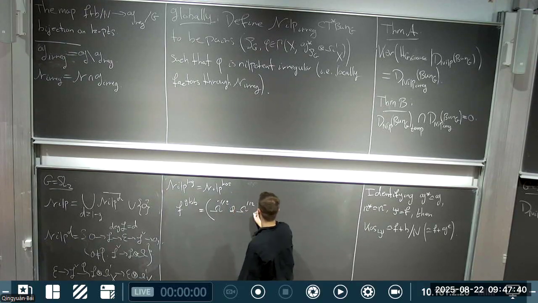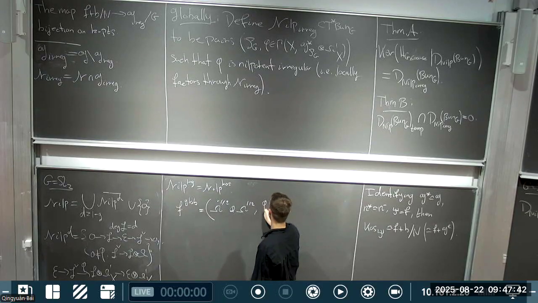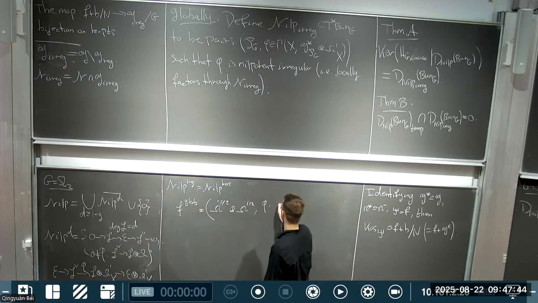And phi is the... well, I need to tell you how to give a map from omega to the 1/2 to this thing tensor omega.